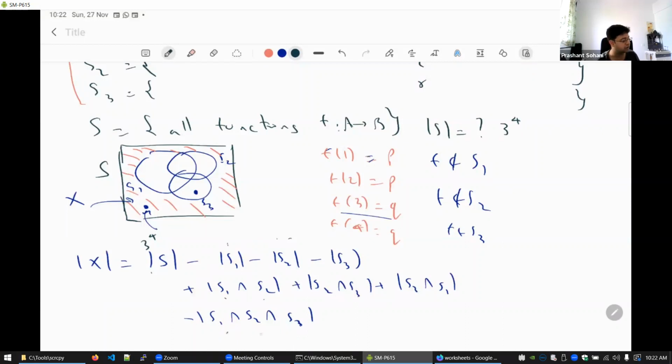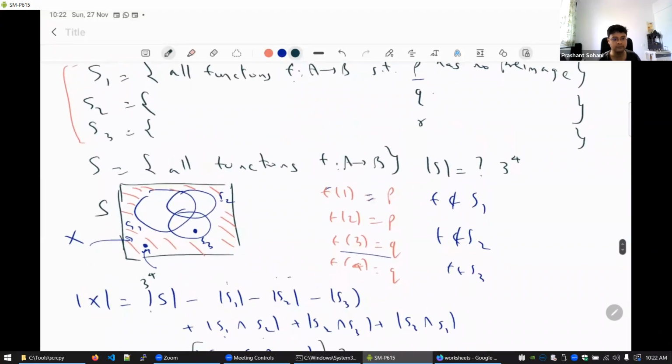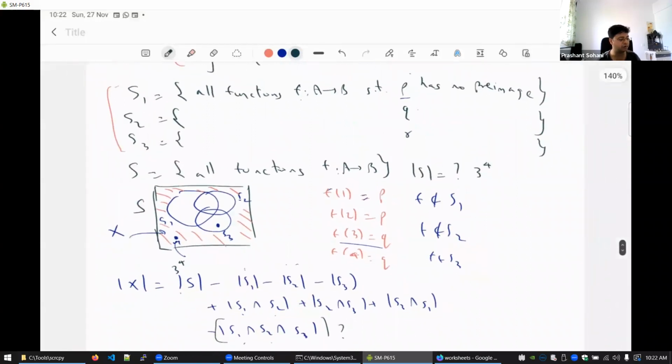And what about S1 intersection S2 intersection S3? How many elements will this set have? See, S1 intersection S2 intersection S3 is a function which does not map to P, Q, or R. None of them get mapped.